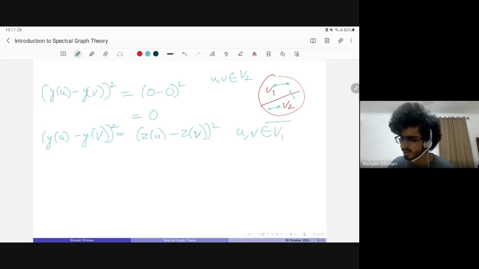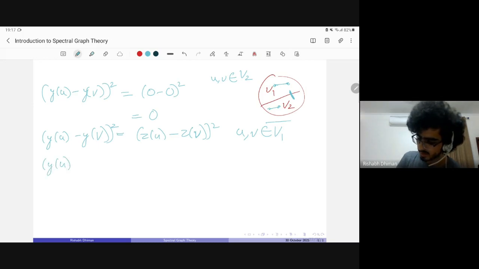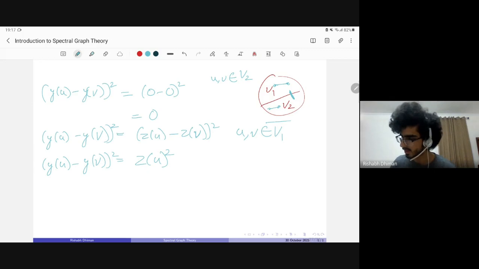And finally, you consider the crossing values. This will be z_u squared for u in V1 and v in V2. Again, I just used how I defined y here.